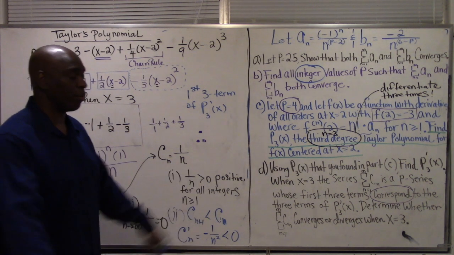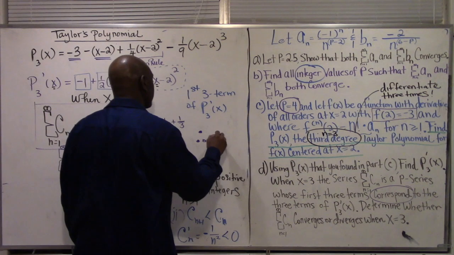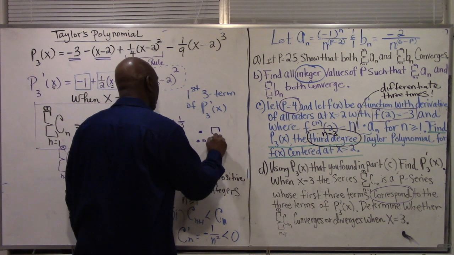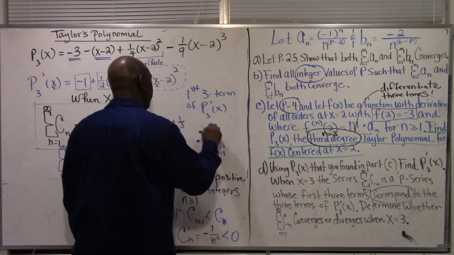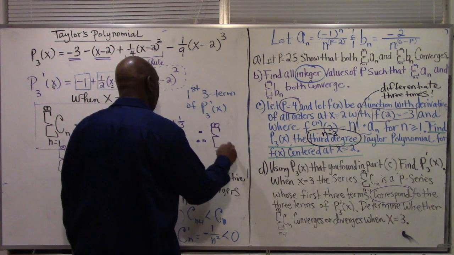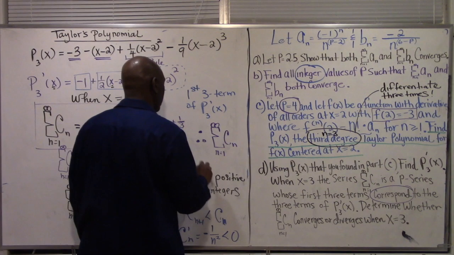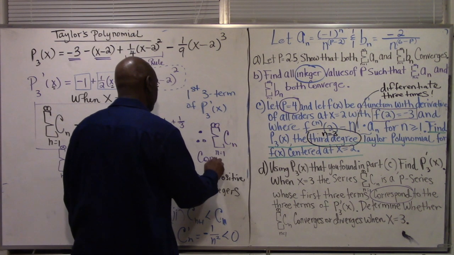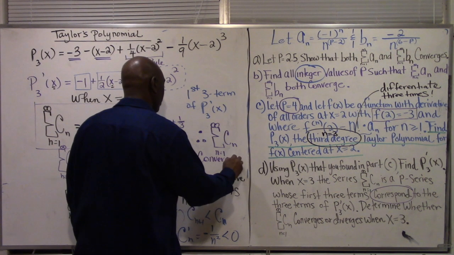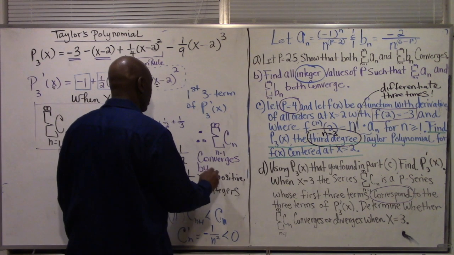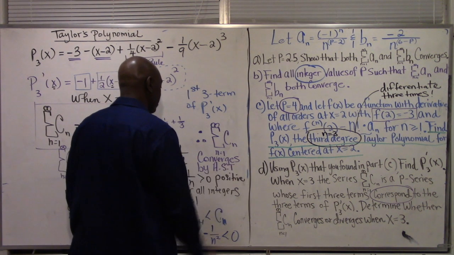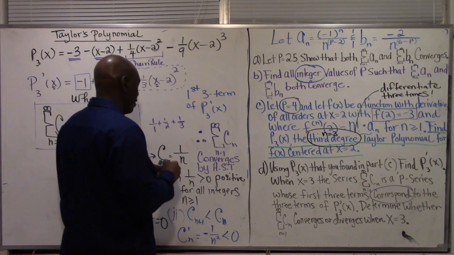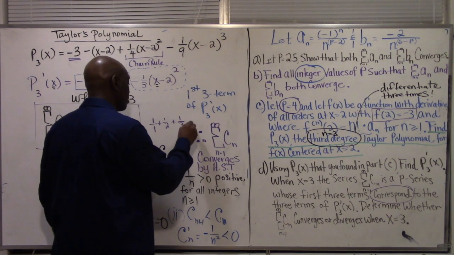That means therefore, the series n equals 1 to infinity of Cn converges by the alternating series test. And that, ladies and gentlemen, is our answer.